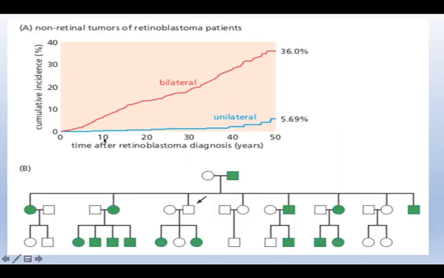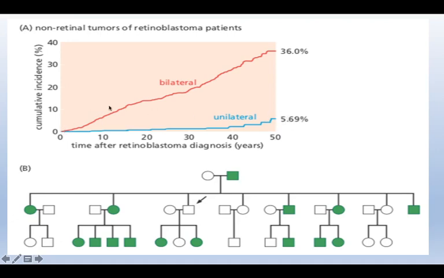Based on the disease recurrence pattern, after treatment, unilateral retinoblastoma patients usually live a disease-free or cancer-free life for up to 50 years, with a modest prevalence of certain other complications of around 5.6 percent, so roughly 6%.